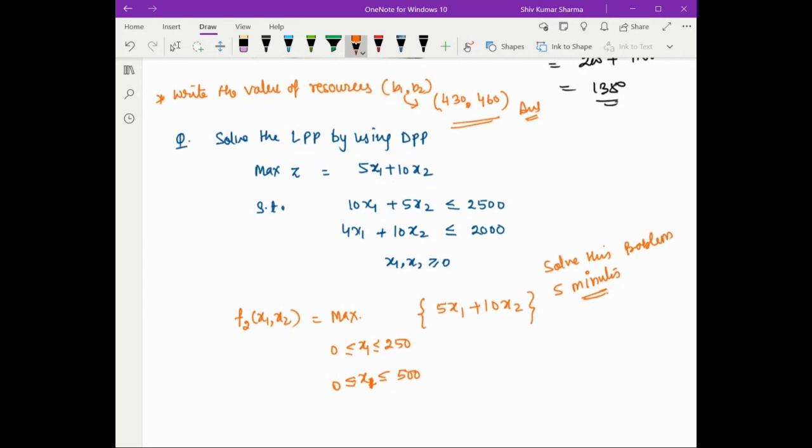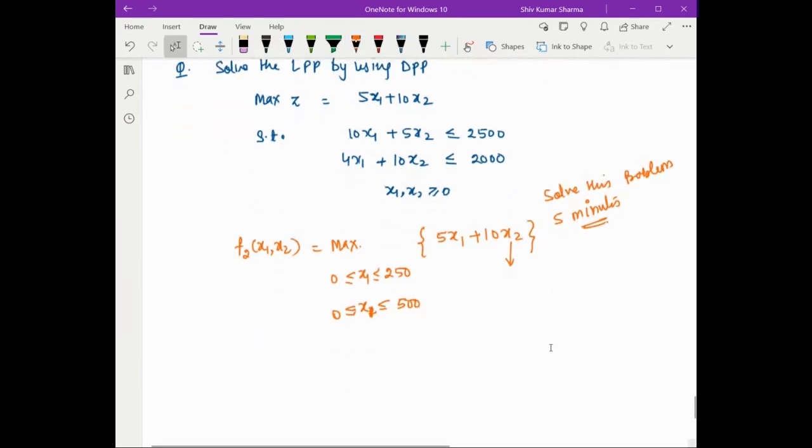Just we calculate the value of x1 from both constraints. Here we put the value of x2. So first we decide which value of x1 we consider, the first value or the second value.